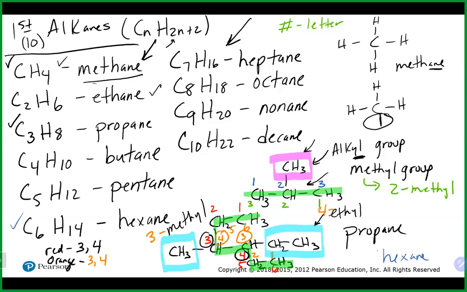So we would flip it around and do the numbering where this ethyl group would end up at 3 and our methyl group would end up at 4, just because there's no difference which way you go in numbering, but we will put these guys in the name in alphabetical order. So since we can in this case, might as well give them the smaller number in alphabetical order. Any questions on that there?